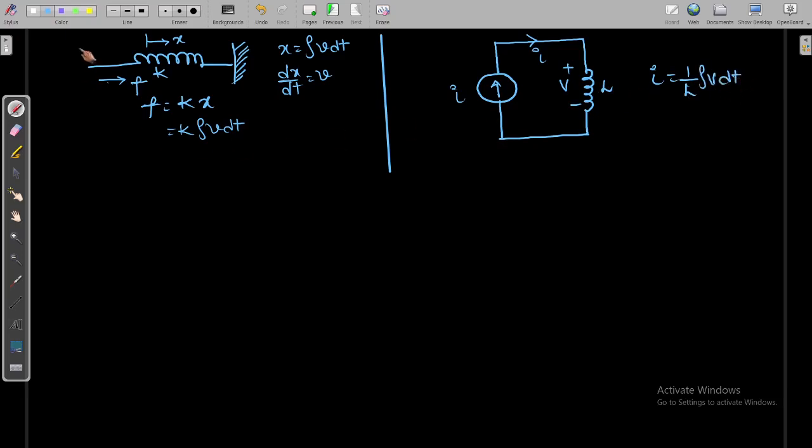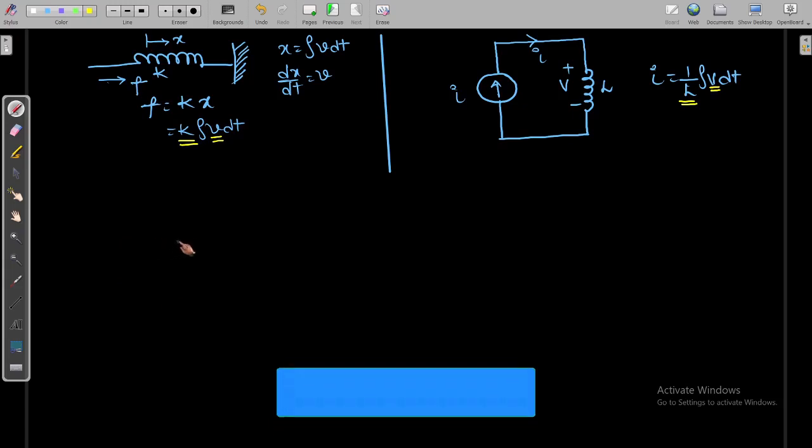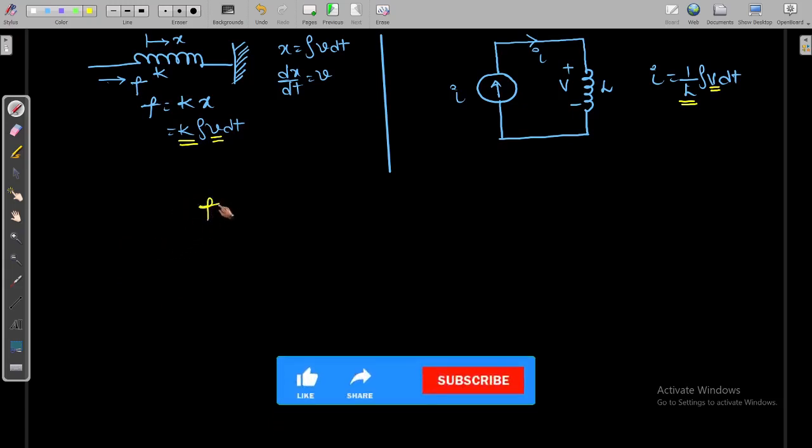If you compare these two equations, K can be replaced with 1 by L, and velocity V can be replaced with voltage. So if you write all the comparisons of this force-current analogy, force can be replaced with current. That is what we have seen first.